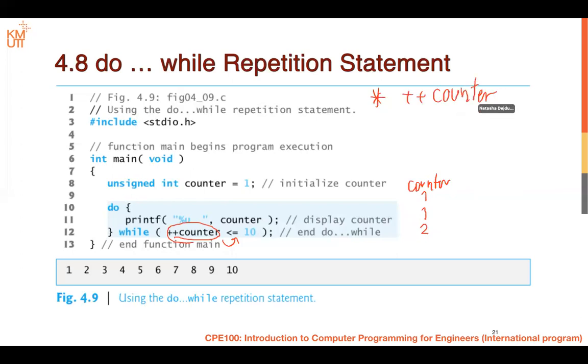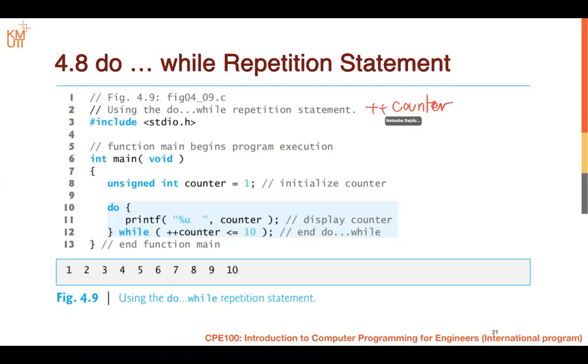Pre-increment, increase the counter first, and then check later. Increase the counter first, and then check whether counter is less than or equal to 10. Why? Because we use pre-increment, so you have to increase the counter first and then check later.